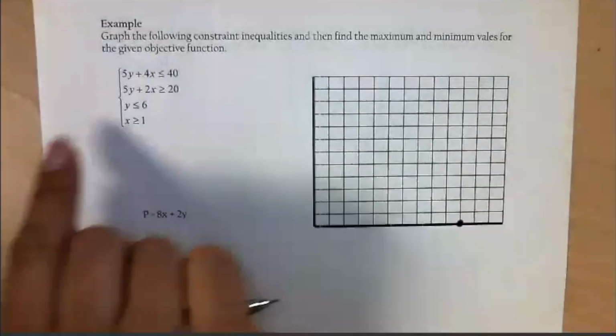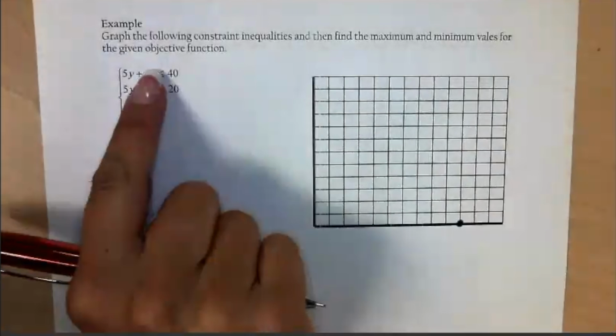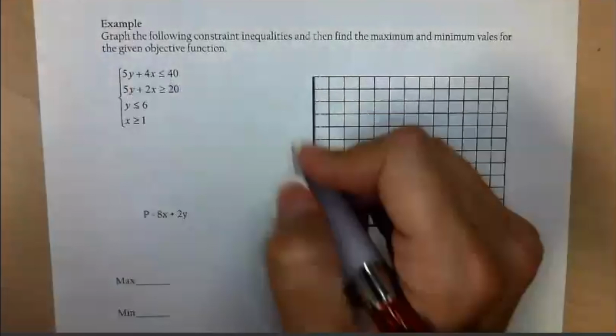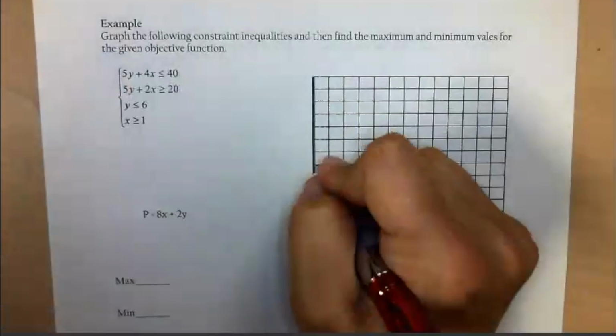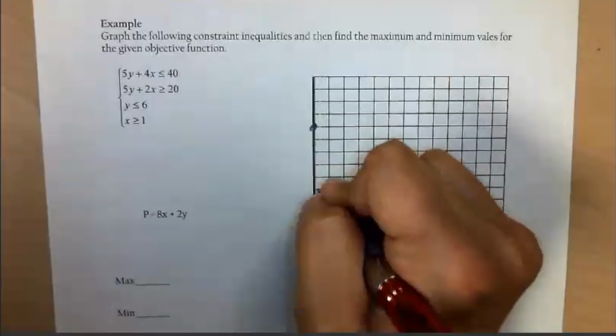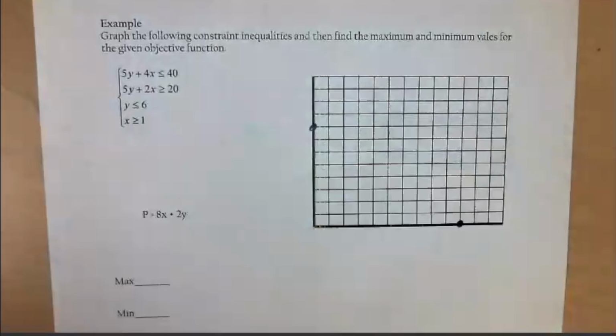To get the y-intercept, I plug in 0 for the x, so that goes away, and we get 40 is equal to 5y. I divide by 5, so that's 8. So I'm going to go to 8 on the y, and then you can just make the line through those 2 points.